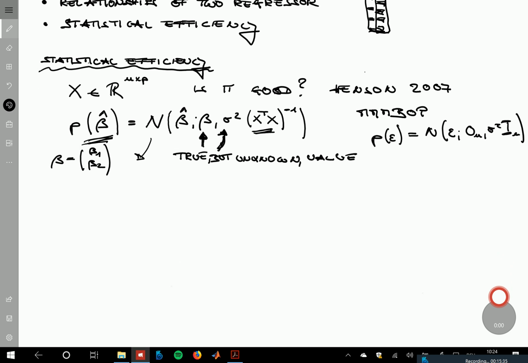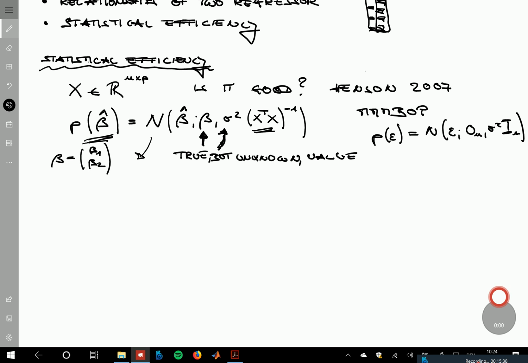Right now, I want to mainly stress the point that the distribution of the beta estimate, so beta hat, is dependent on the design matrix, and more specifically the covariance of this, so the multivariate variance of the beta estimate is a function of the design matrix and the error variance.